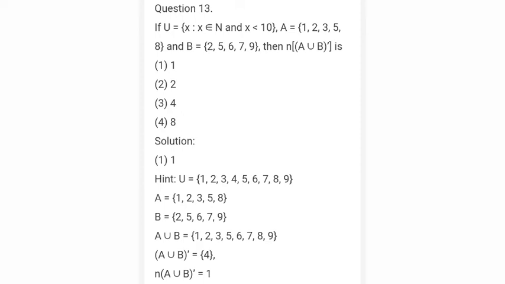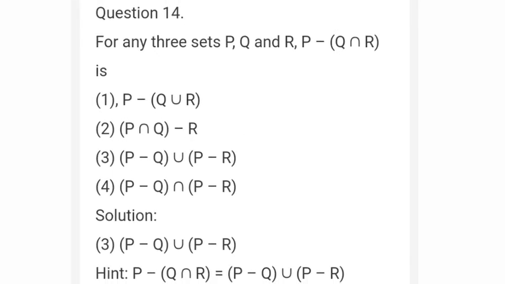Therefore A union B whole dash equal to the set of 4. Here, how many elements are in A union B the whole dash? Yes, that is 1. Therefore n of A union B the whole dash equal to 1. So the option is 1 and the answer is also 1. Can you understand? Okay.